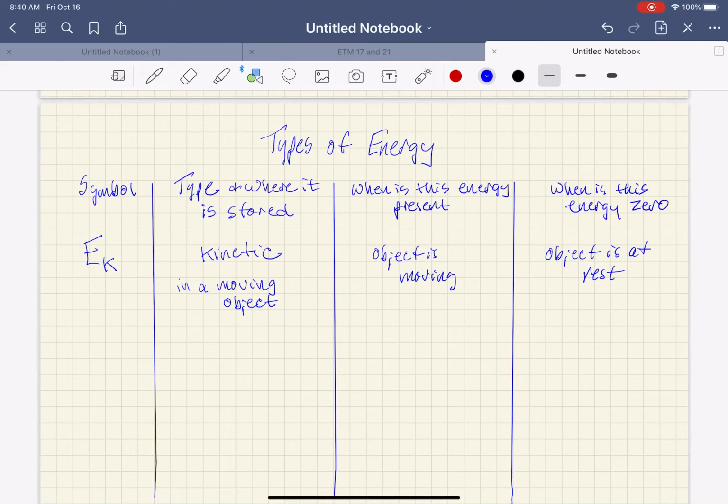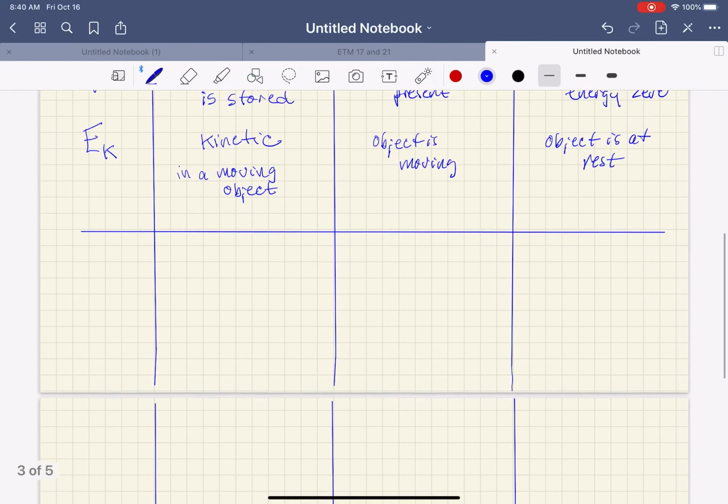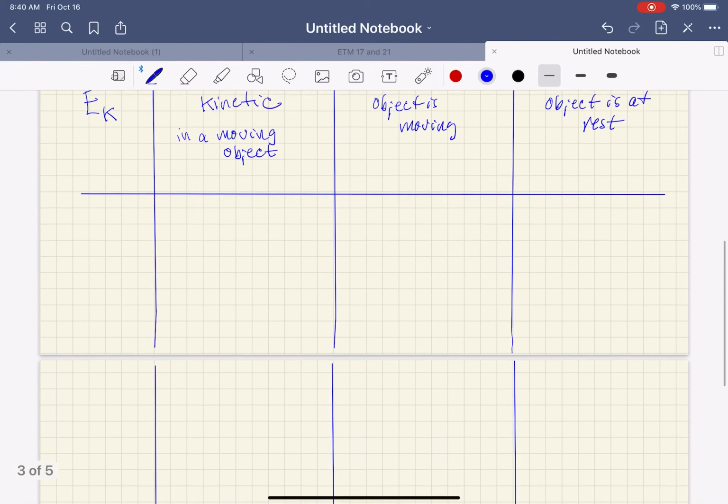I also talked about if something was high up off the ground, that it would have a type of energy. That energy is called gravitational potential energy. It is stored in the interaction between the object and the earth.